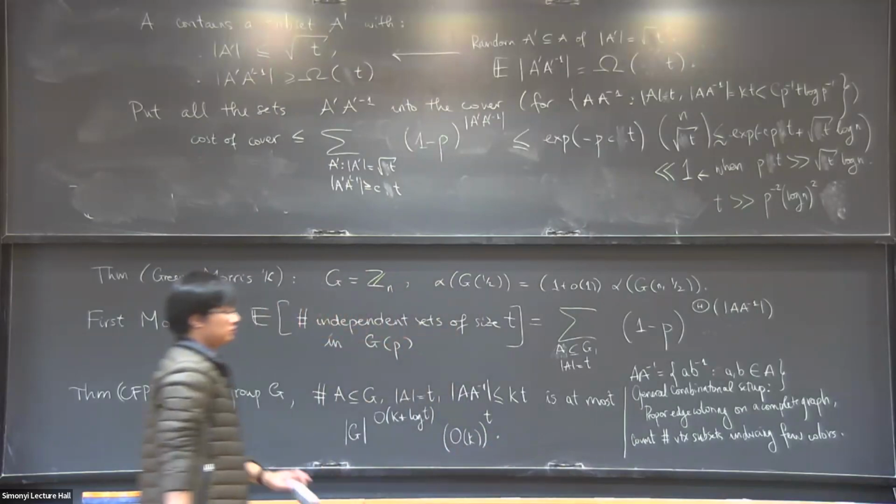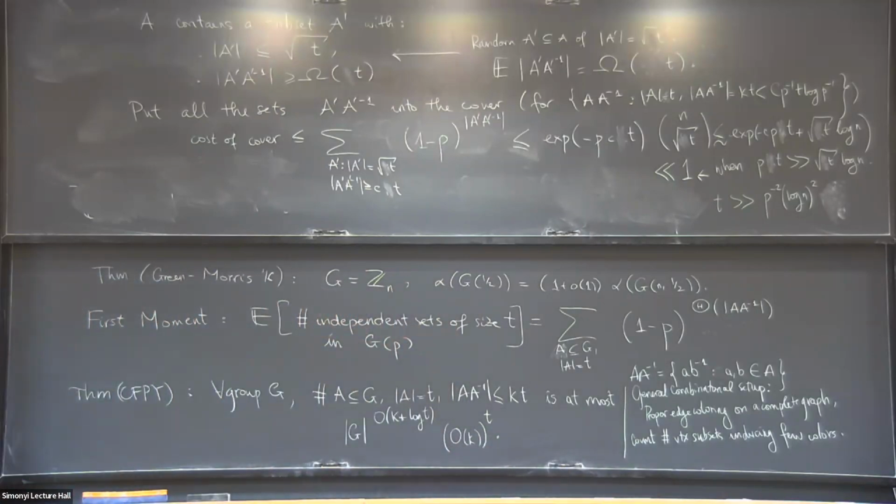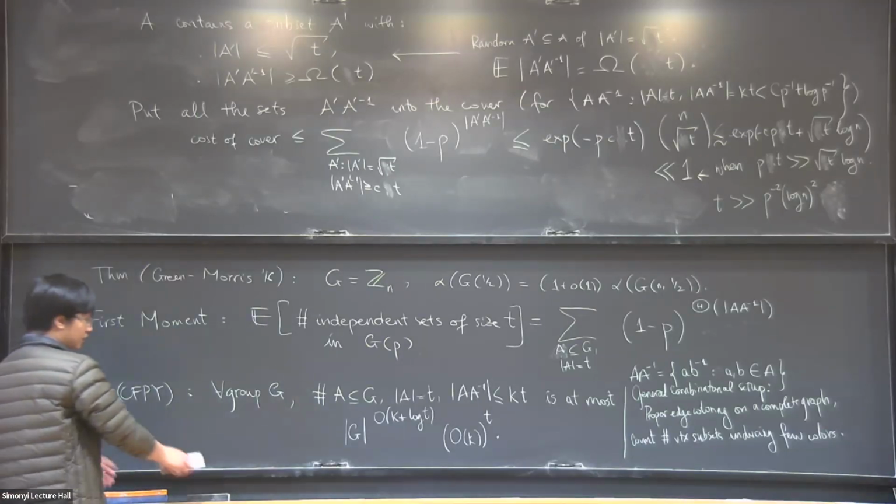So from now on, our goal is to try to improve on the exponent that we currently have from this very simple cover that we constructed. The simple cover gives us an exponent that is roughly p to the minus 2. Also from now on, when I go to the sparse and more sparse regime, I will just forget about the factors that are just log in the size of the group. That will keep the discussion a little bit simpler to follow.